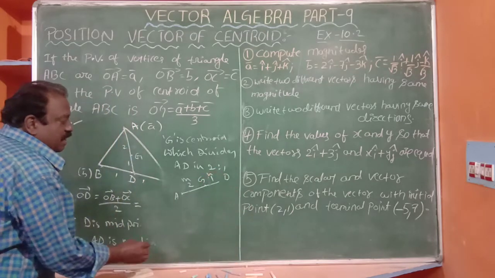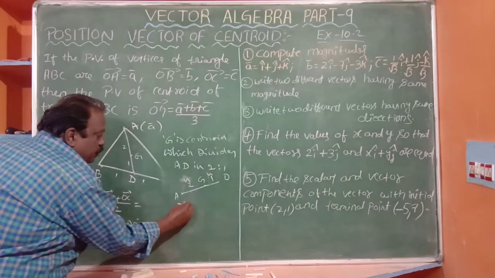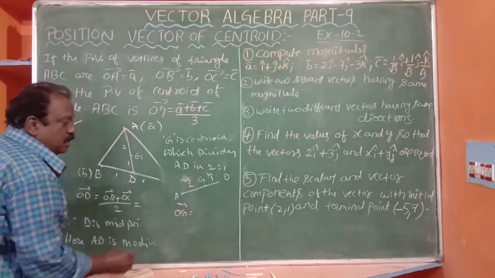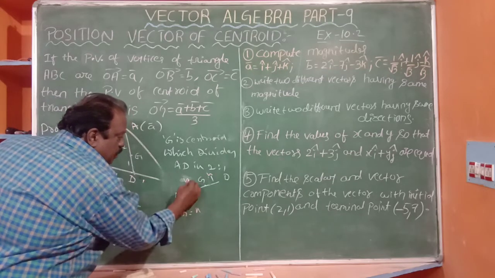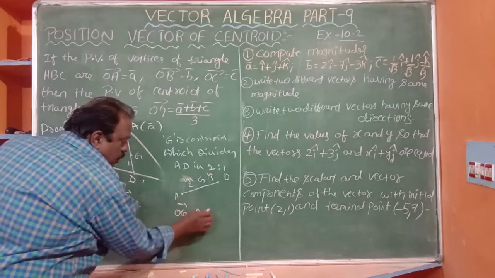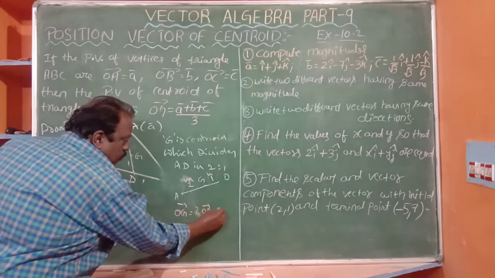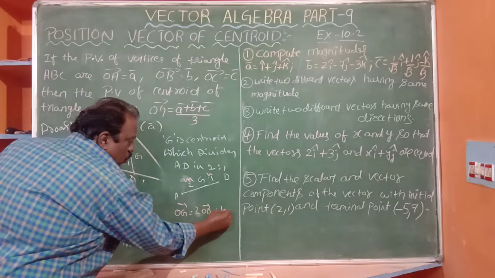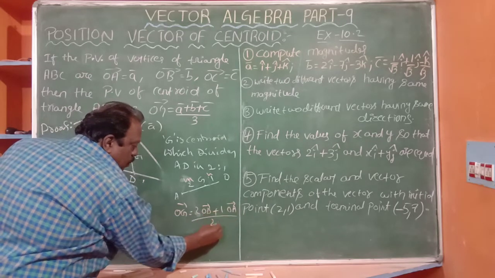Now, how can you calculate OG bar? OG bar is 2 into OD bar, plus 1 into OA bar, by 2 plus 1.